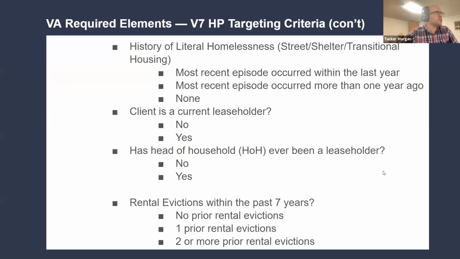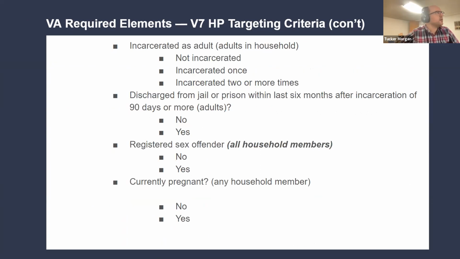The next slide. So when was the most recent, was there a recent episode of literal homelessness? Does the client currently have a lease? Have they ever had a lease? And do they have any evictions? Next slide. Do they have an incarceration history? And if so, have they been discharged from jail? Are they a registered sex offender?